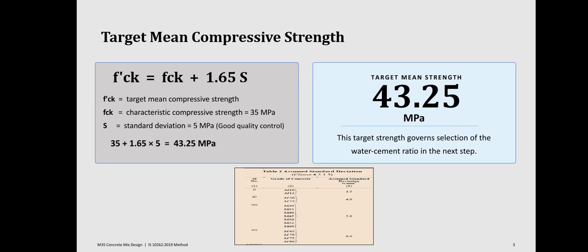So, 35 plus 1.65 times 5 gives the target mean strength of 43.25 megapascal. This number drives our water cement ratio selection next. The table given here is from IS 10262-2019, which gives the standard deviation values.